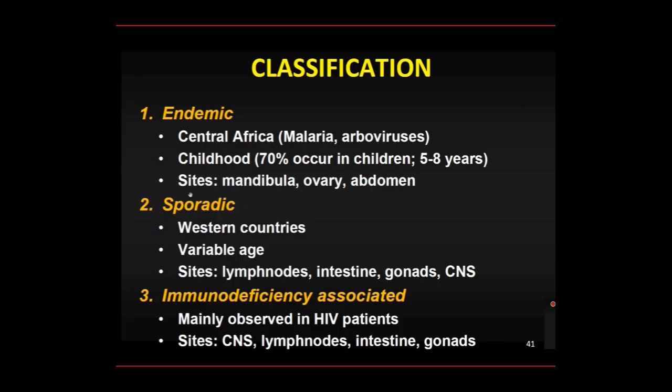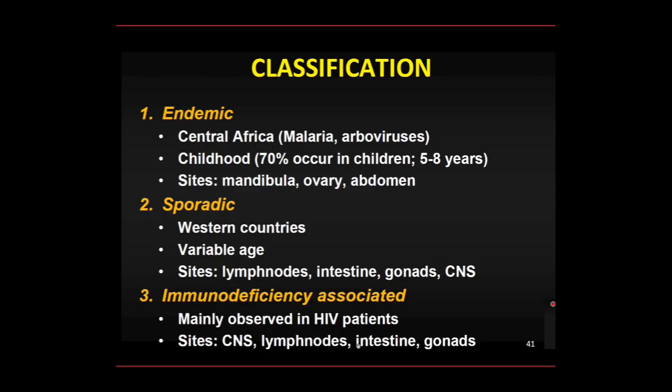Then you have the sporadic Burkitt lymphoma, which we observe in our countries. The age is variable, it can be young patients or older adults, and the sites are mainly lymph nodes, GI tract, and gonads. Then there is the immunodeficiency associated form, particularly in the HIV setting, where we can have increased frequency of Burkitt lymphoma.